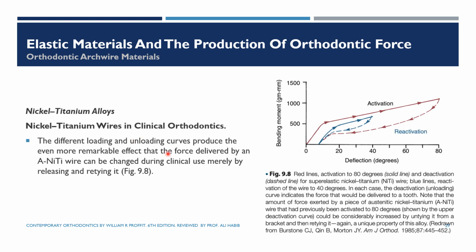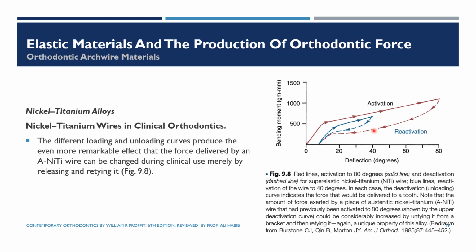This is an important feature. We can use it clinically to activate the wire. So instead of changing the wire every time, you can reactivate the wire by just untying the same wire and retying it. Because we know that when we had 80 degrees of deflection, meaning high displacement of the tooth, we had this amount of force, and it decreases until the next visit.